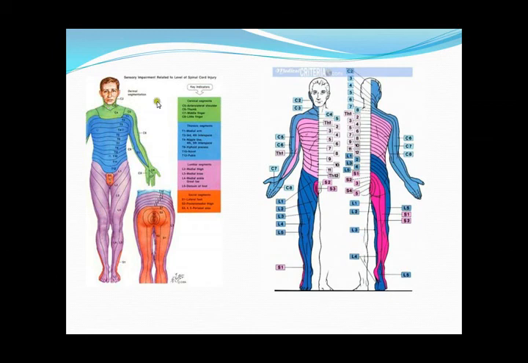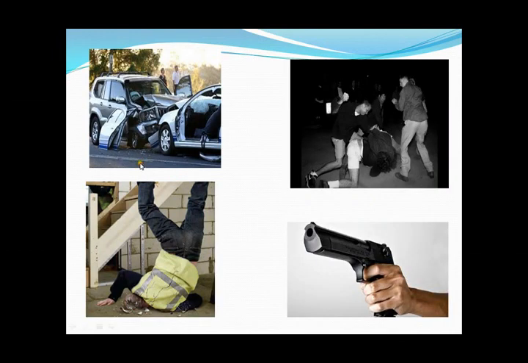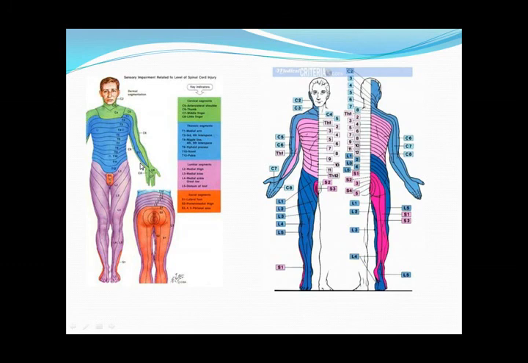So if we know about these sensory divisions, then we can localize the lesion, whether it is in the cervical, thoracic, or lumbar region.